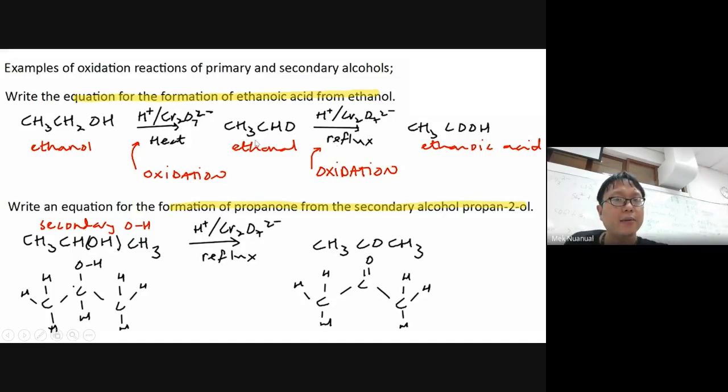And this time, instead of writing heat, you write reflux. It is also heated, but in a special reflux condenser. And then again, it's oxidation, both of them. And then your condensed formula for the carboxylic acid, which will be written as ethanoic acid.